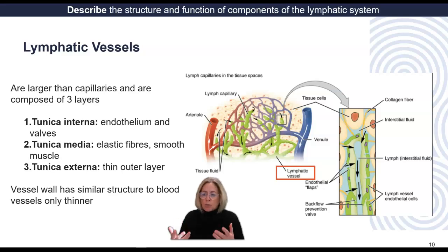And those one-way valves, in small lymphatic vessels, are similar to those in veins. We also have a middle tunica media containing elastic fibers and smooth muscle, and then the outer tunica externa, which is that thin outer layer. And the vessel wall has a similar structure to blood vessels in general, but only thinner.